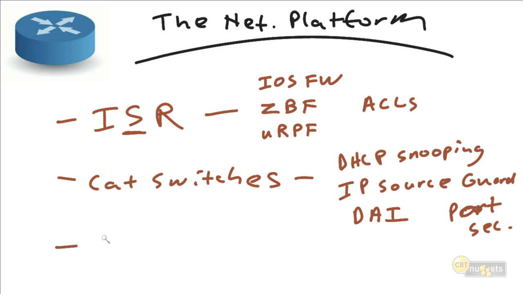And of course, the ultimate device when it comes to security and the network platform is Cisco's Adaptive Security Appliance. We're going to be taking a more detailed look at the Adaptive Security Appliance a bit later on in this nugget, but this is the premier Cisco security device. So much so that it put a couple of other devices out of business.